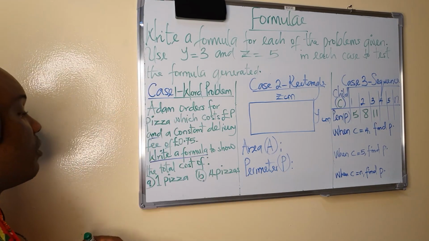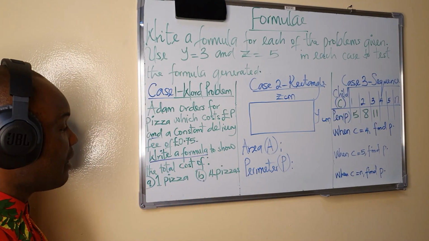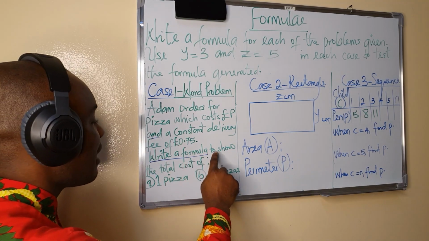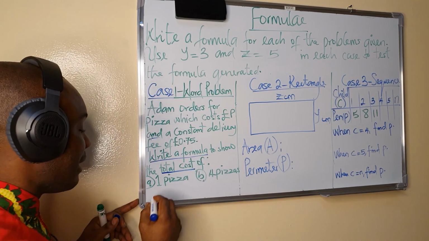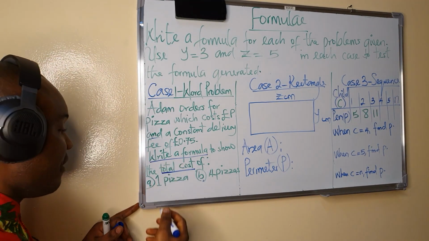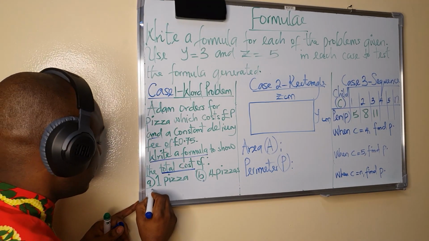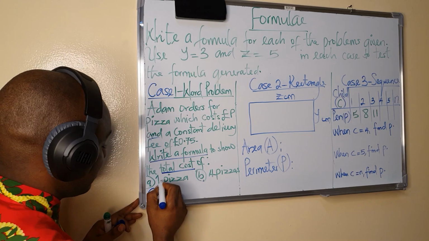That is the first thing we are looking for. Therefore, go back to the problem to know what formula you are writing. You are writing a formula for the total cost. Can you see that? So we are going to start by saying total cost is equal to, you get the point. Therefore, let us use the letter C to represent total cost for the first case where we have just one pizza.